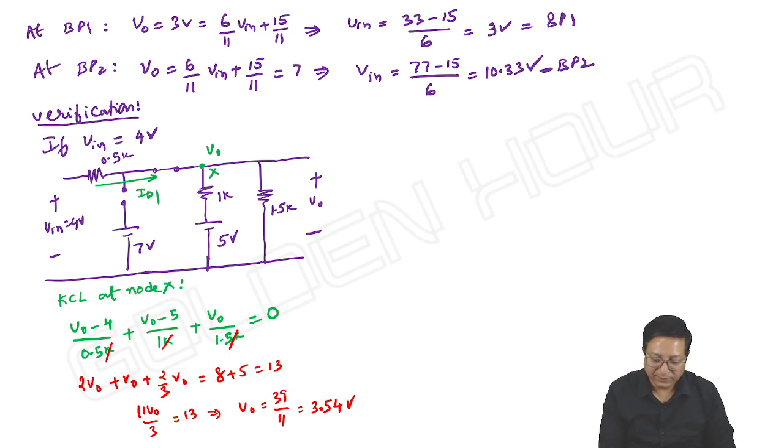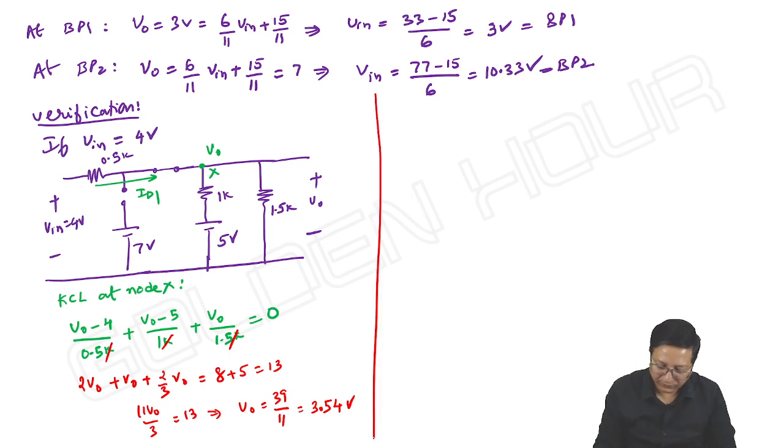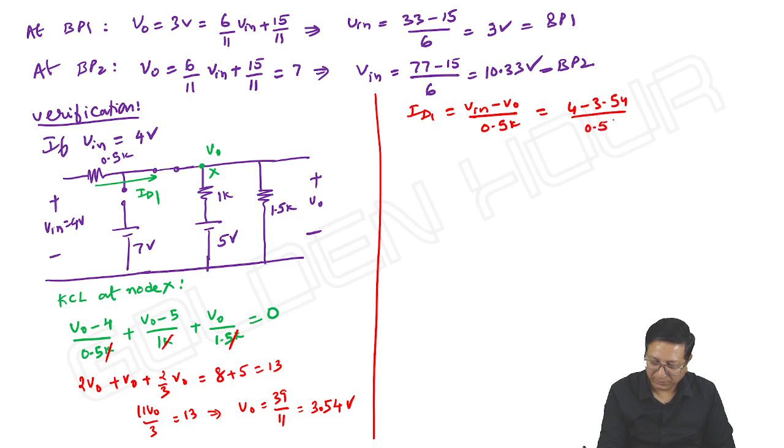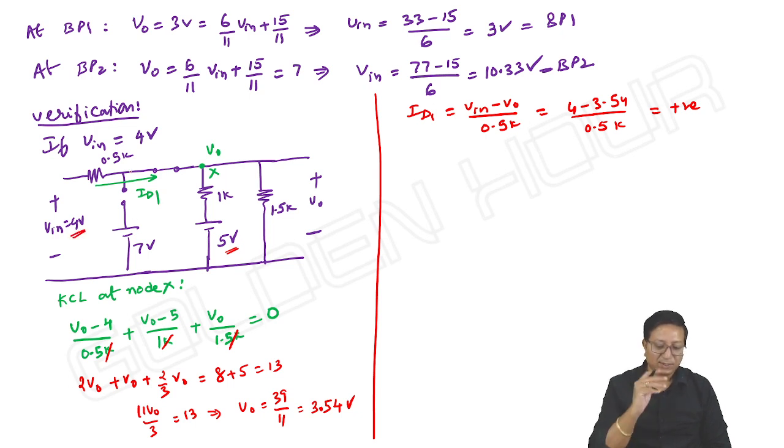Then what about ID1? ID1 is equal to V input minus V output by 0.5K. Input is 4 minus 3.54 by 0.5K. Yes, it is positive. Our assumption is correct. So, even though we have here 5 volts, if the input is 4 volts, then also D1 is on.